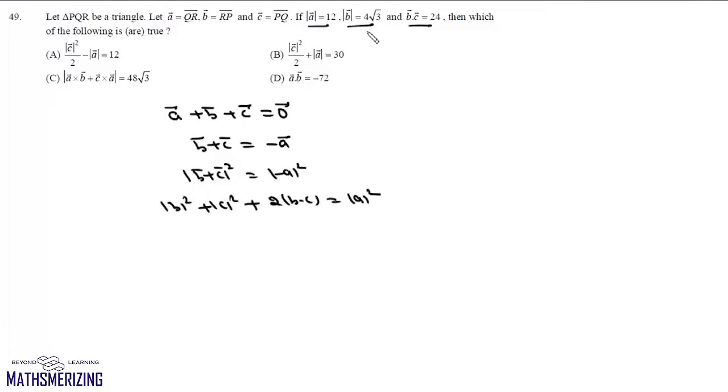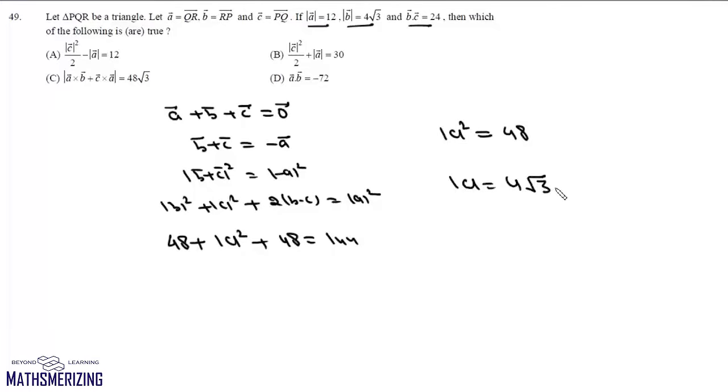Now mod B square is 16 into 3, 48, plus mod of C square. Now B dot C is 24, 24 into 2 is 48, and it will be equal to mod of A square, which is 144. So from here we get value of mod C square as 48, or the value of mod C is 4 root 3.